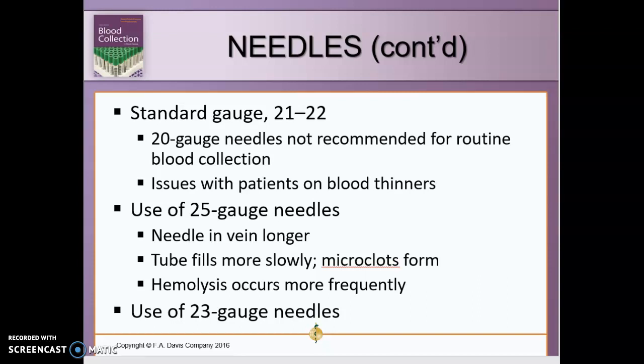Again, the smaller the gauge number, the larger the needle. But we're looking at a 23, and a 23 is fairly small. So we run the risk of a hemolyzed sample because that opening is not as large. 23 gauge needles are appropriate for patients with small, fragile veins.